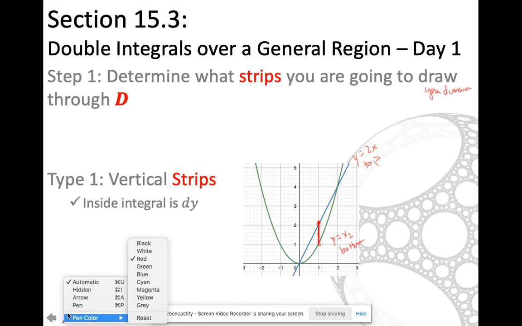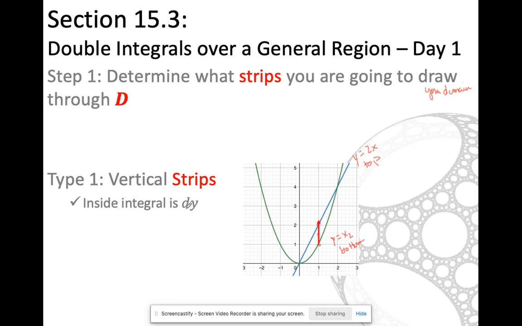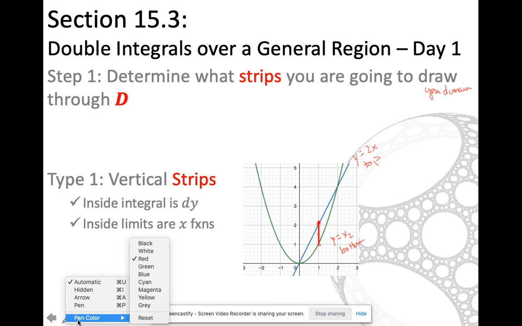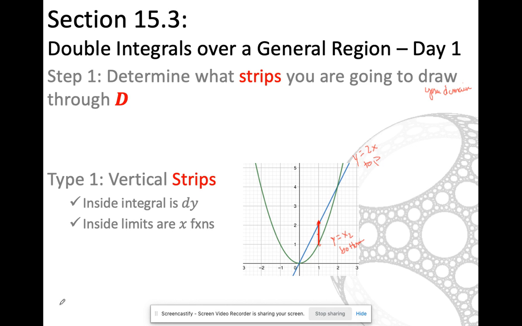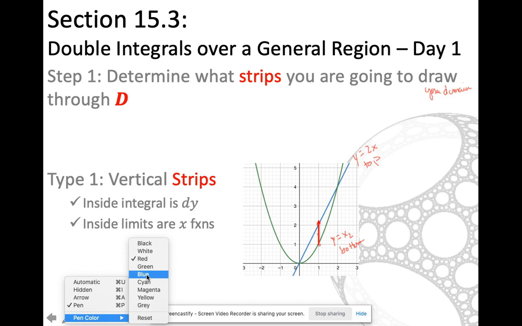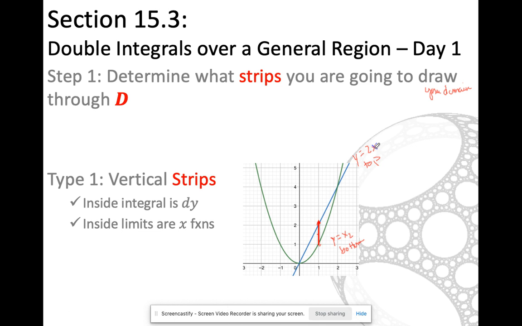So type 1, you're going to have dy first, then dx. And if your inside integral is dy, the inside limits are your functions with x in them. Y equals 2x. Right? I have functions with x in them.